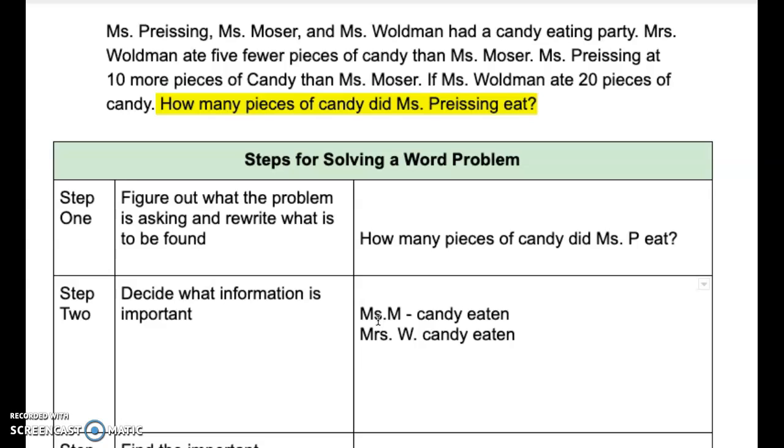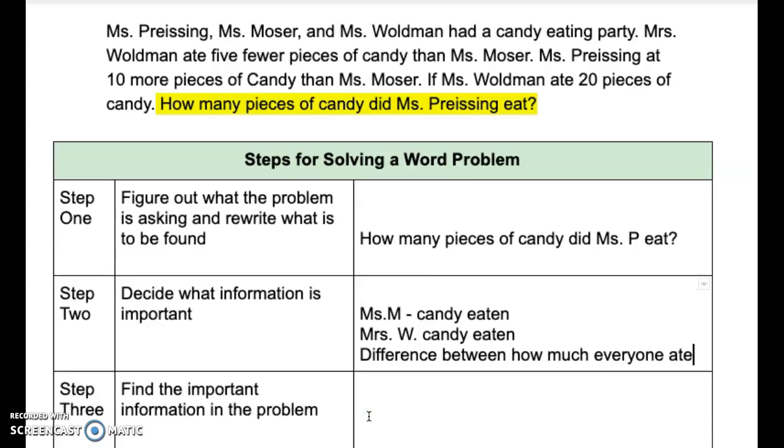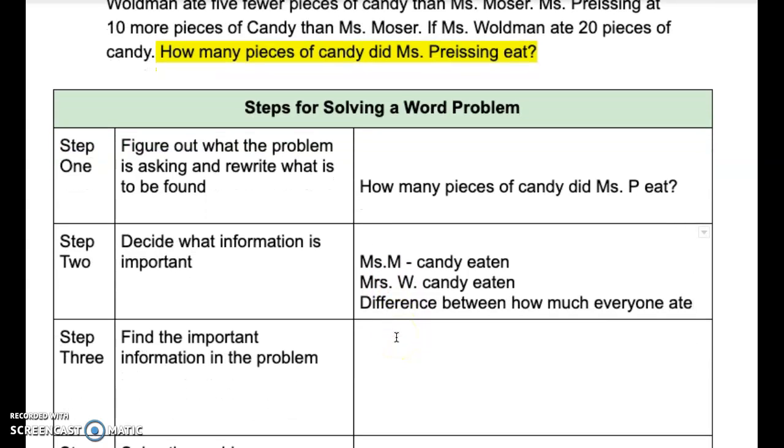And then the difference between how much everyone ate. Okay? I'm going to fix this. There we go. So what's important? Miss Moser's candy, Miss Woldman, and then the difference between everybody, because that's going to help figure out how much I ate. That's probably a lot, because I like candy.